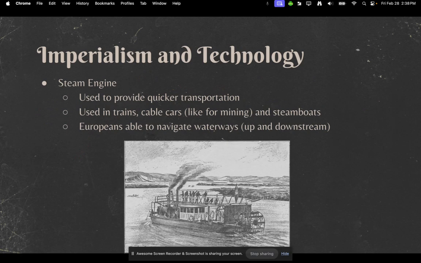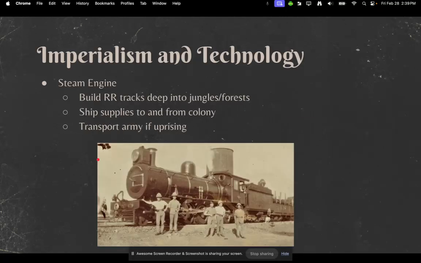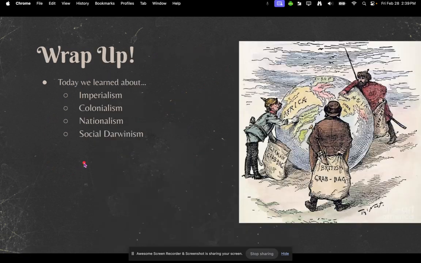So it was used to provide quicker transportation, just like today. It was also used in trains, cable cars, like for mining, and steamboats. And Europeans were able to navigate waterways both upstream and downstream. Also, steam engines were used in trains. So the building of railroad tracks would go deep into the jungles and forests. Ships would ship supplies to and from the colonies, and also transport any armies if there was an uprising.